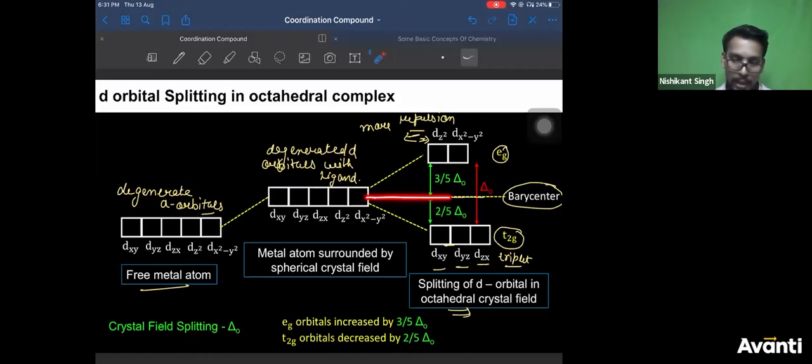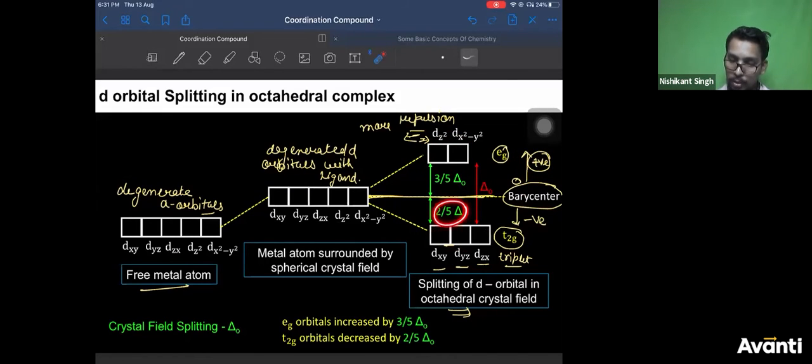You consider this energy to be 0. Anything below this is considered negative energy, and anything above this is positive energy. So if you fill any electrons here, it decreases the energy, and energy decreases means stability increases. If you fill any electrons here, it increases the energy of the system, and stability decreases. Correct? So that is how it is.